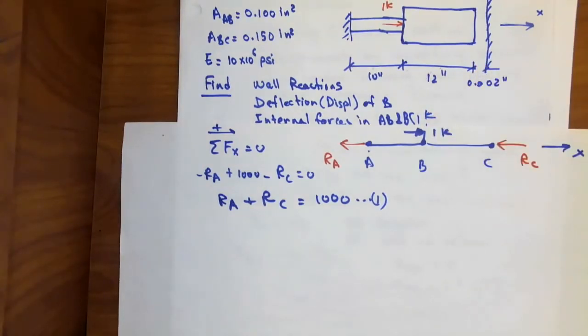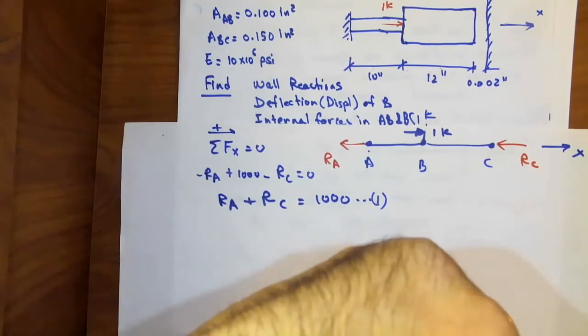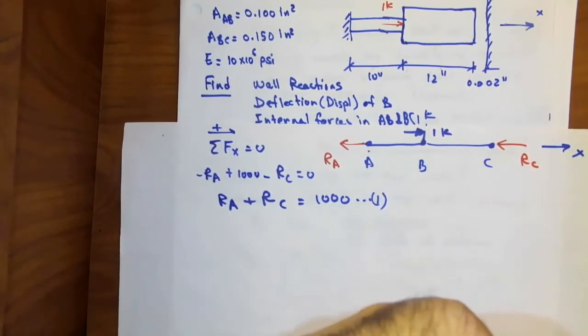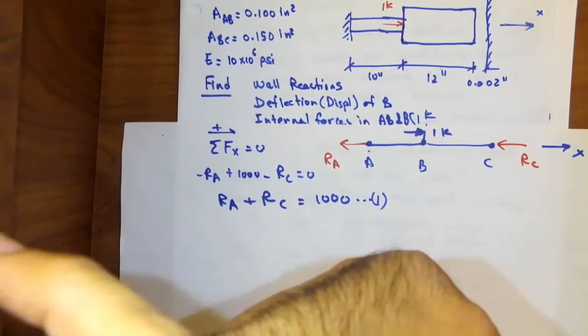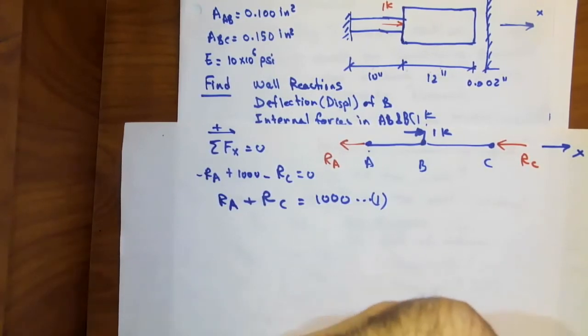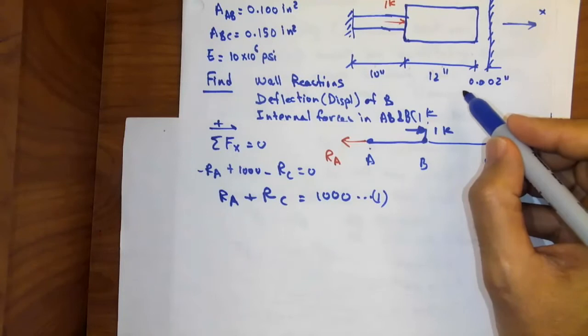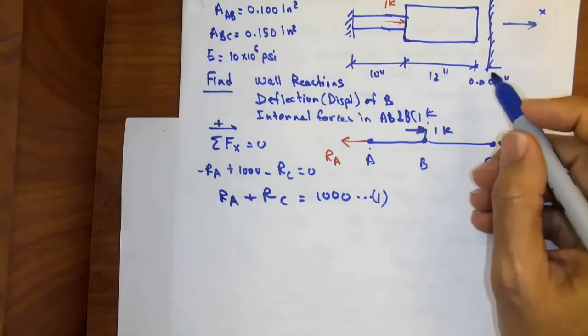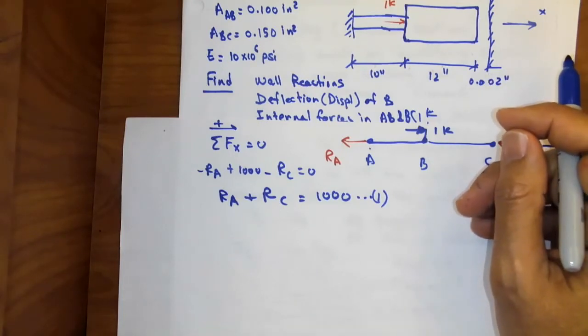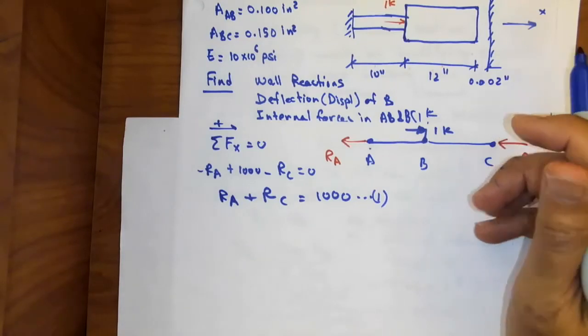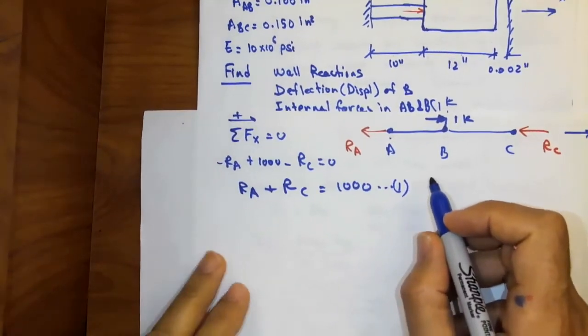When the pole pushes back, what is it going to do to BC? Compress it, right? At the end of the day, both the elongation of AB and the compression of BC combined are going to have to be equal to this clearance. They cannot be more, it cannot be less.